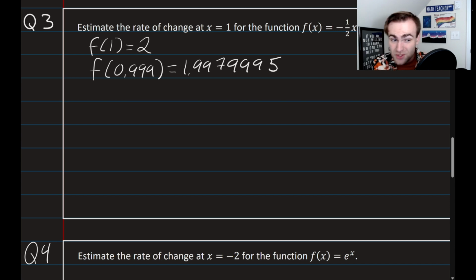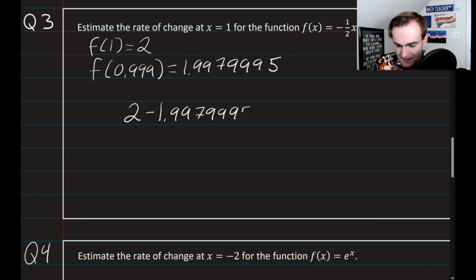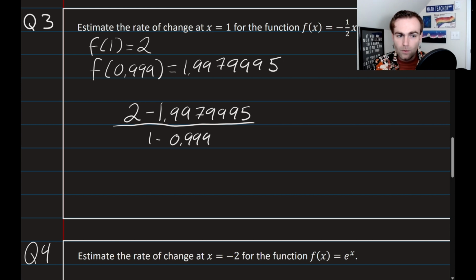So the average rate of change for this would be 2 minus 1.9979995 over, not 2, no, 1 minus 0.999. Awful.